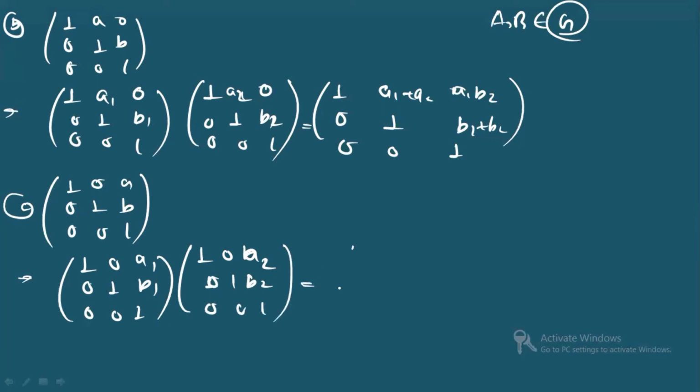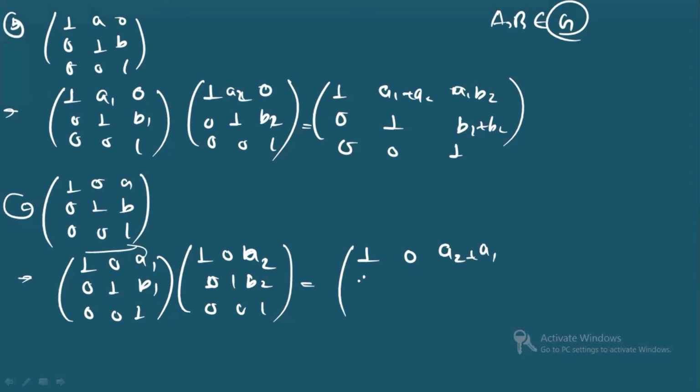When you do this multiplication, this is giving you 1. Again, in this way you will get 0 here. Here you will get A2 plus A1, right?